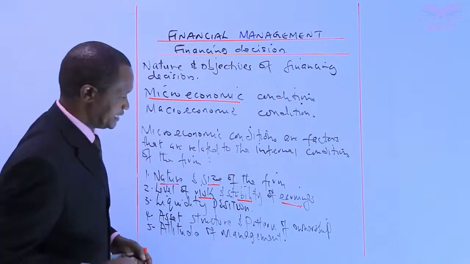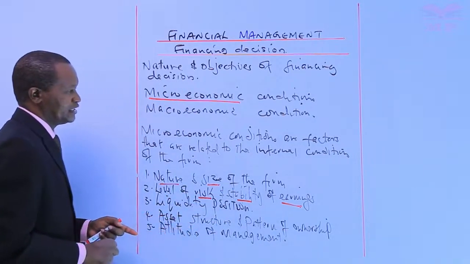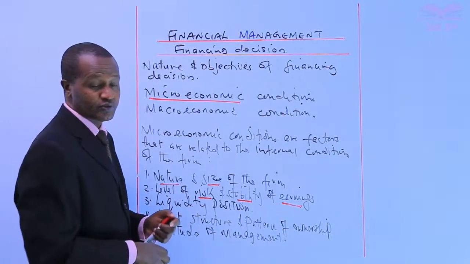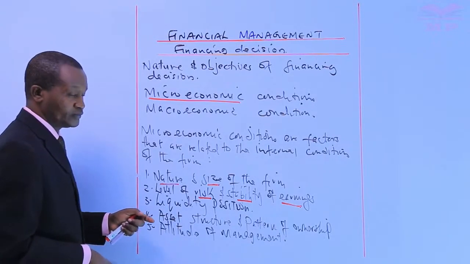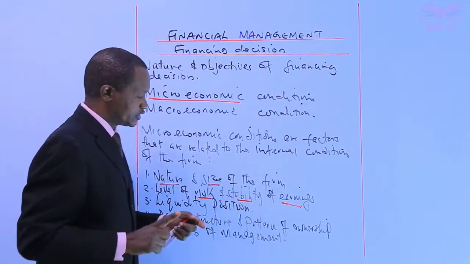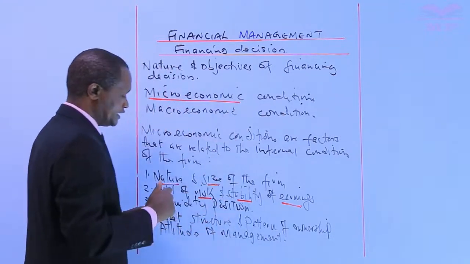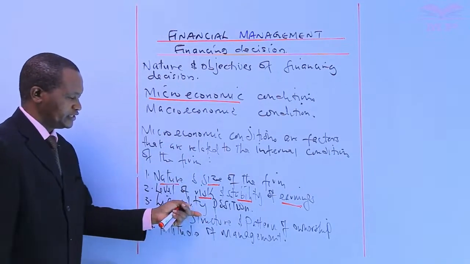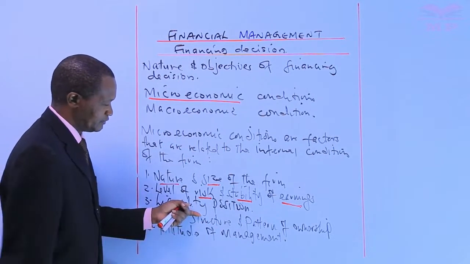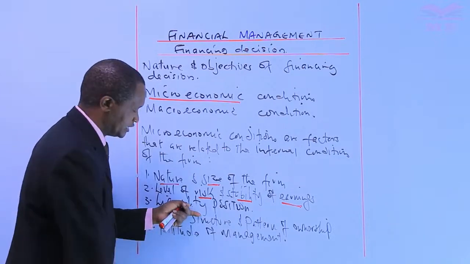Do you understand how the level of risk and stability of earnings influence financing decisions? If you don't understand what I'm talking about here, don't worry, because we shall be repeating it when we discuss dividend policy decisions. We'll also talk about it when discussing capital budgeting decisions.